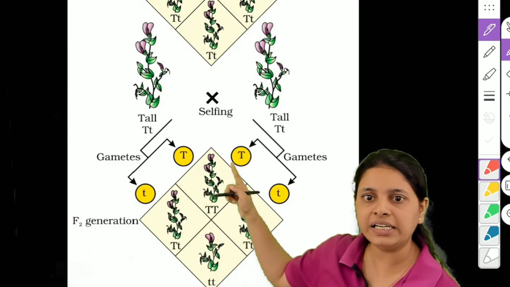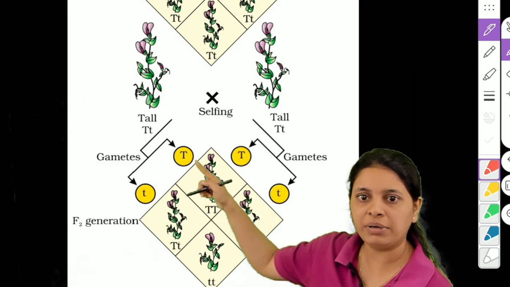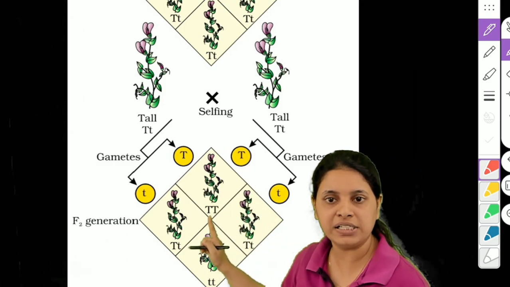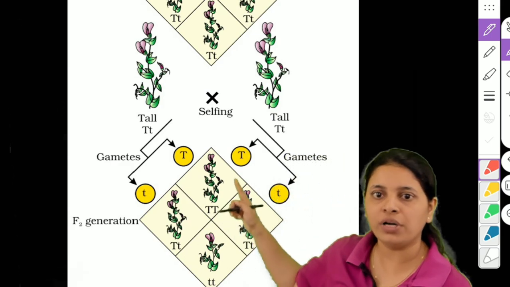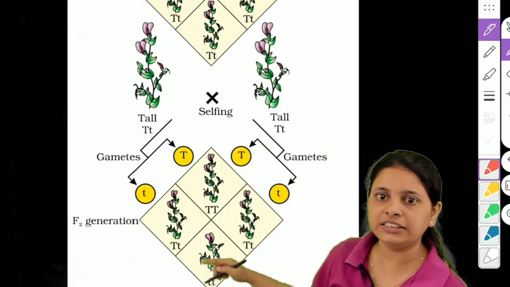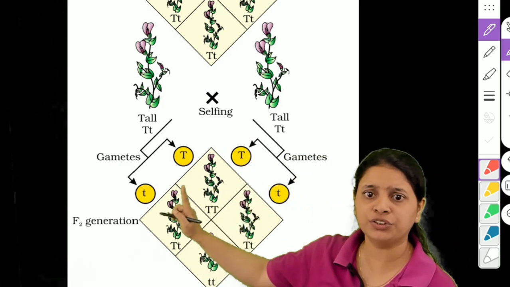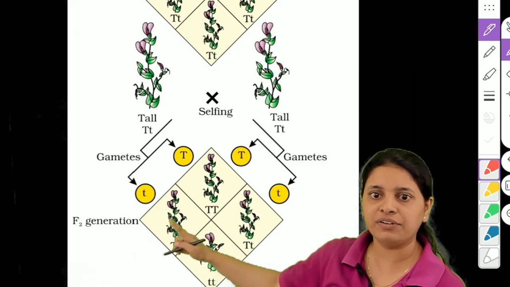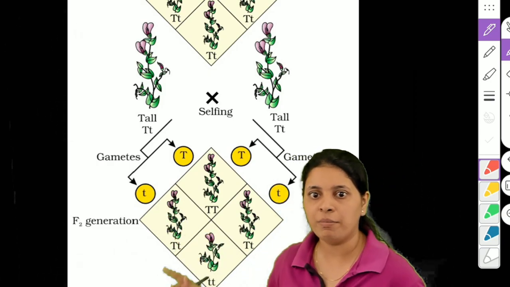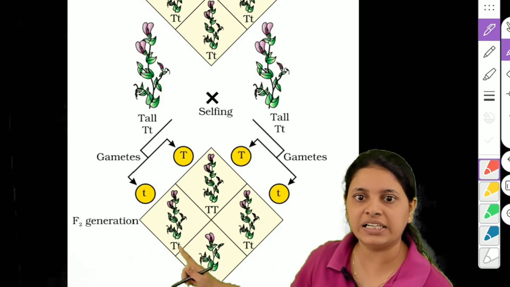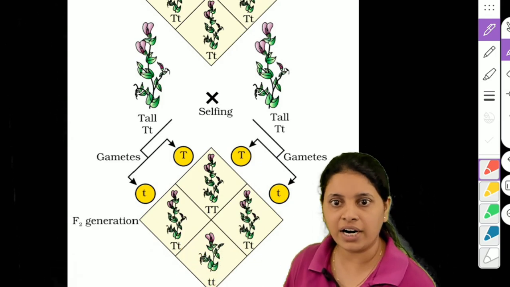If this capital T and this capital T gametes fuse, you have the offspring capital T capital T. As both are dominant forms, you will have tall height. Now if capital T fuses with this small t, then we have this plant which is tall in appearance, but what is the genetic makeup? Capital T small t, hybrid, right?